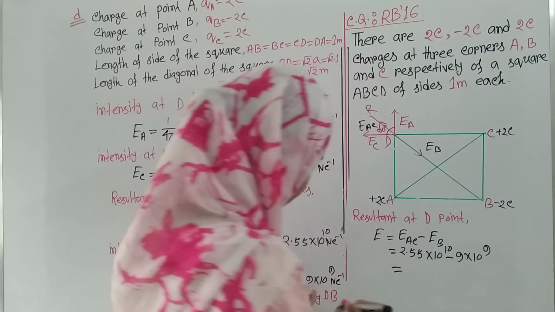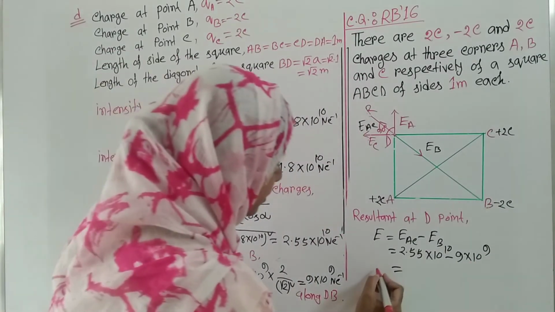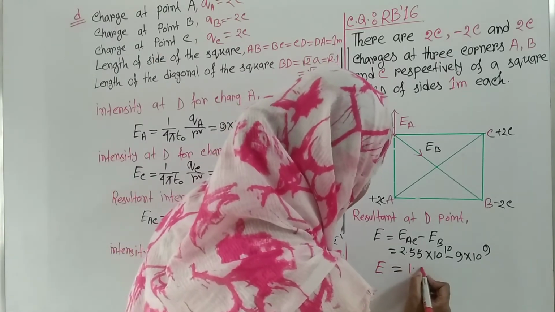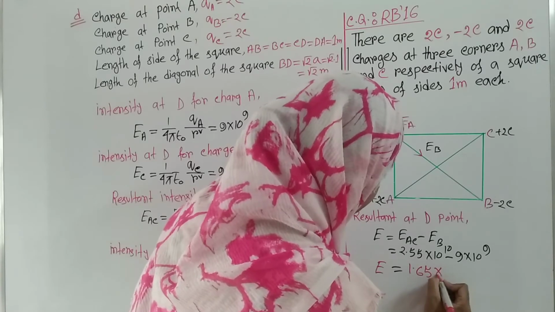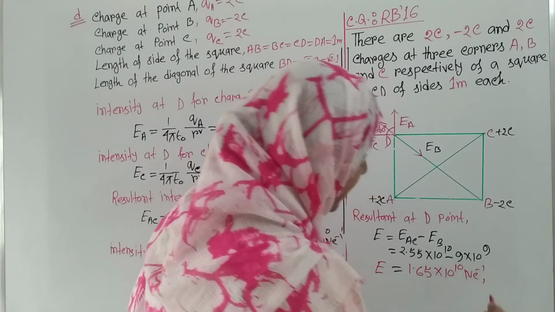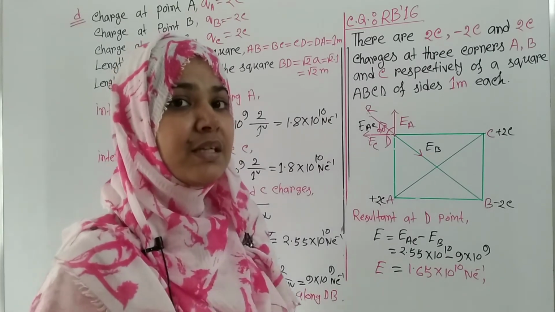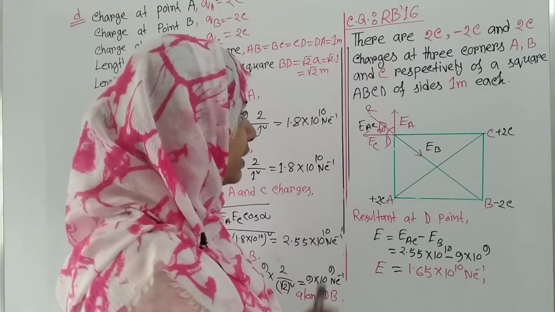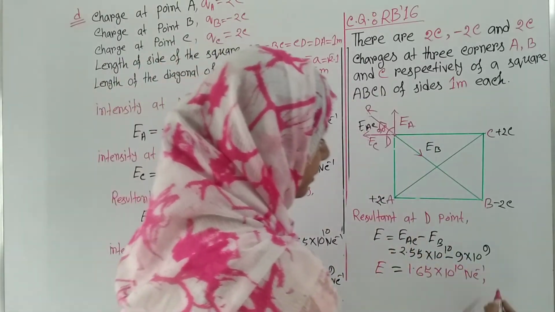So finally we will get the value of the resultant as 1.65 into 10 to the power 10 Newton per Coulomb. And in the question they mention that you have to describe the direction as well, and the direction will be along DR.